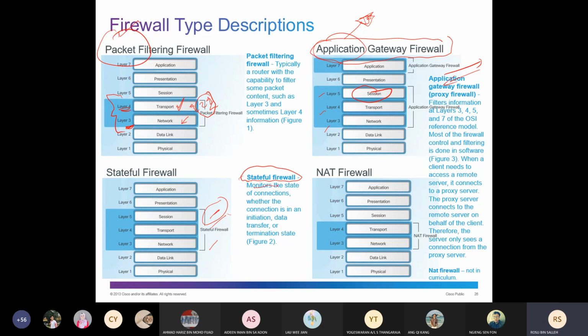Right? So it monitors the state of connection, whether the connection is in an initiation, data transfer, or termination state. So the session, I think you learned this in TCP, there's session packet, so that it will be read by the stateful firewall. If you are initiating, for example, we ping from inside, you want to allow the ping to come back to your network.